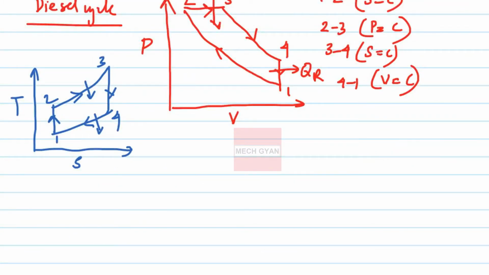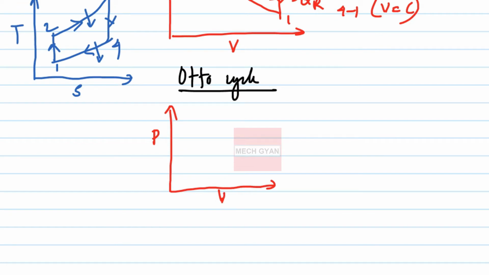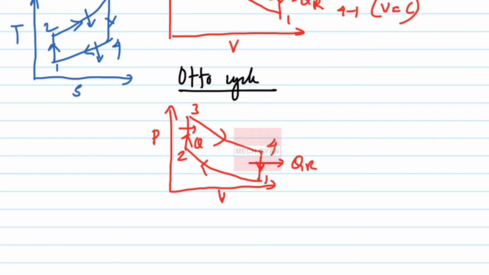Let's move on to the next cycle, which is the Otto cycle. Again, let's draw the PV and TS diagrams. This is the PV diagram. In the Otto cycle we have 1, 2, 3 and 4. Here this is heat rejection and this is heat addition, heat supply.